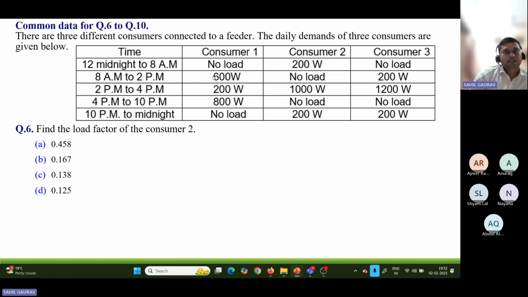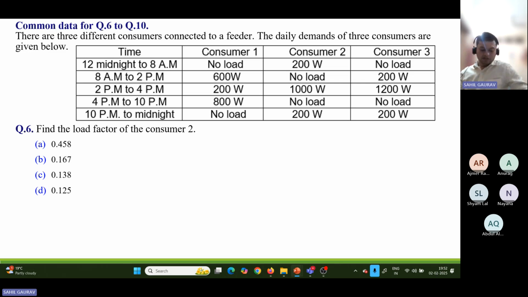So 12 midnight to 8 a.m., consumer 1 low load, consumer 2 2000 watt, consumer 3 no load, and so on. You can see the energy consumption for different consumers at different time instants. Now they are asking to find the load factor of consumer 2.